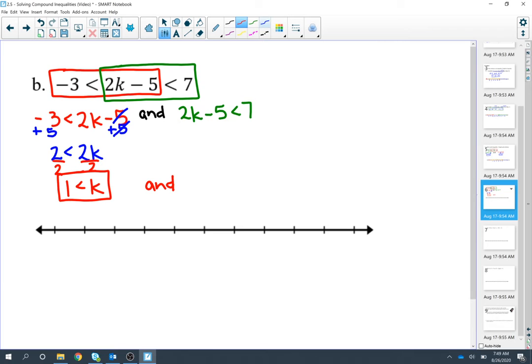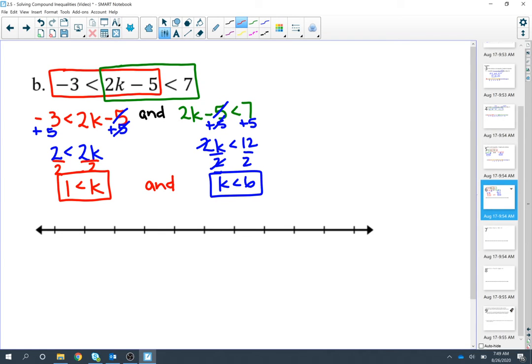Let's go solve the other one. Add 5. 2k is less than 7, 8, 9, 10, 11, 12. Divide by 2. k is less than 6.